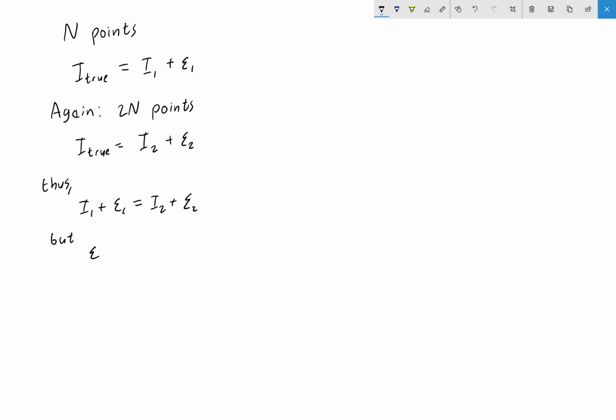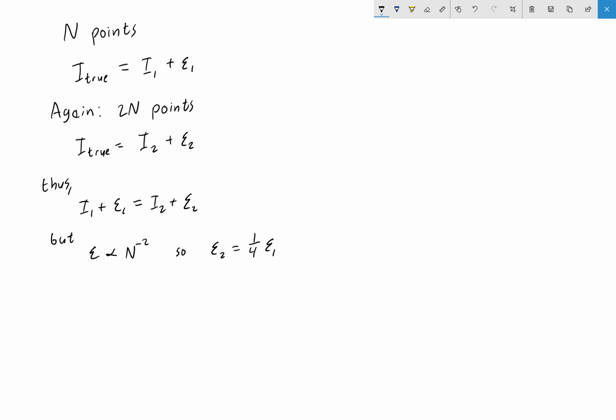Not just more accurate, we actually have some idea of how much more accurate, because we know that the error is proportional to n to the minus 2, which means that E2, with twice as many points, should be better by a factor of 4. It should be equal to just 1/4 of what E1 was, at least in an order of magnitude sense. Because it's an error, it's an unknown thing.